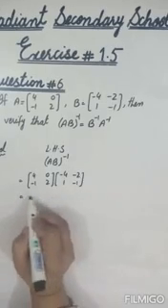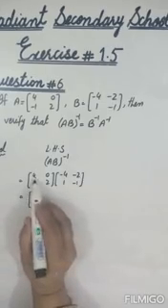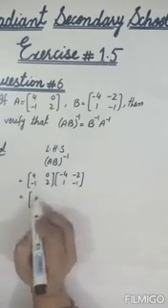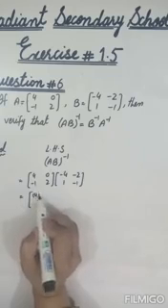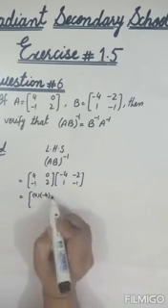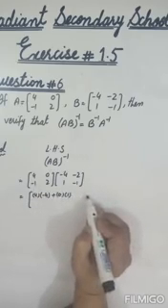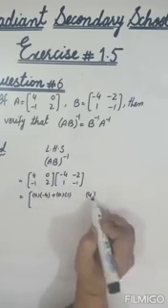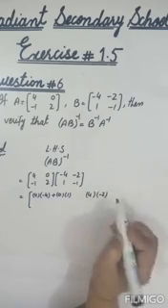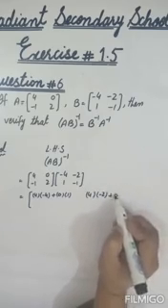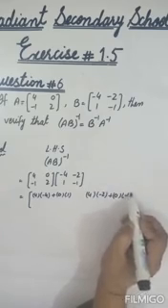The product of these two matrices is equal to first row with first column, 4 into minus 4 plus 0 into 1, then 4 multiplied by minus 2 plus 0 into minus 1.